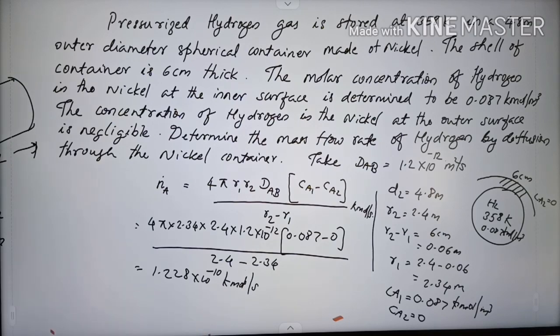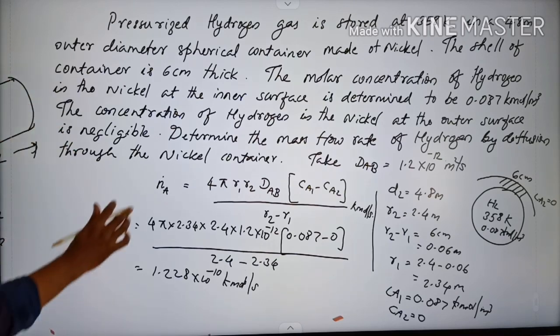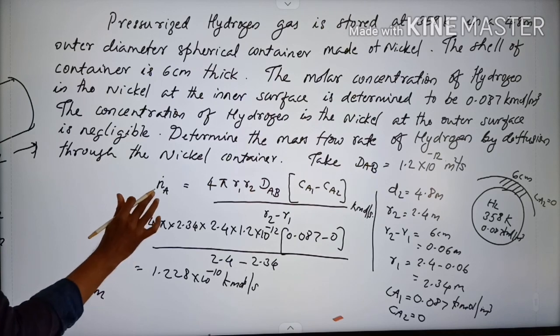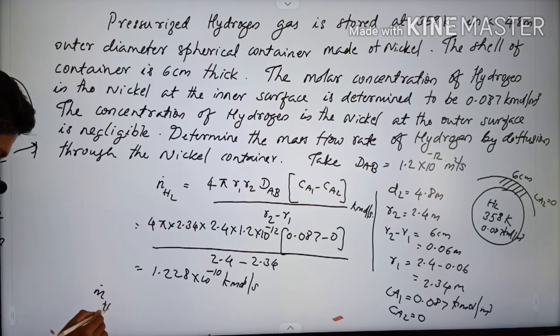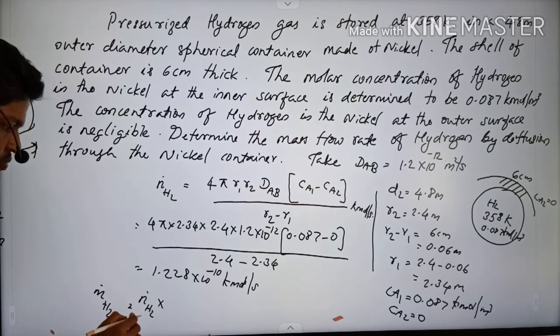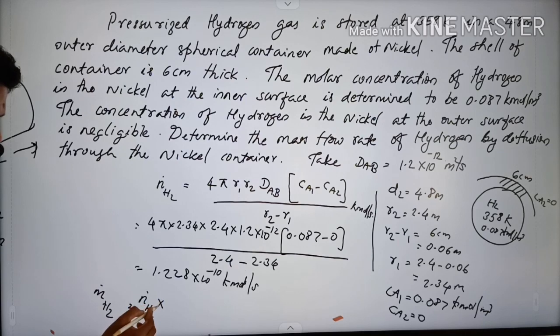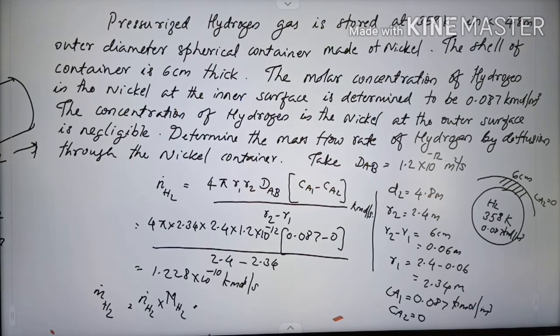We can convert this into mass flow in kilogram per second. We know that number of moles is equal to mass by molar mass. So the mass flow rate of hydrogen is equal to n into the molar mass of hydrogen, number of moles into molar mass of hydrogen.